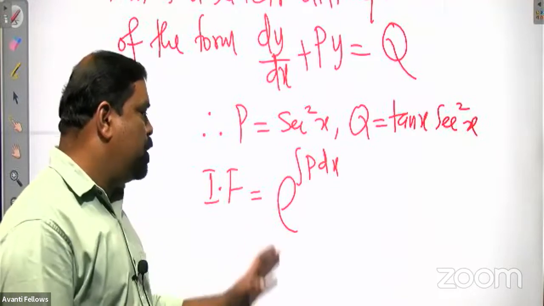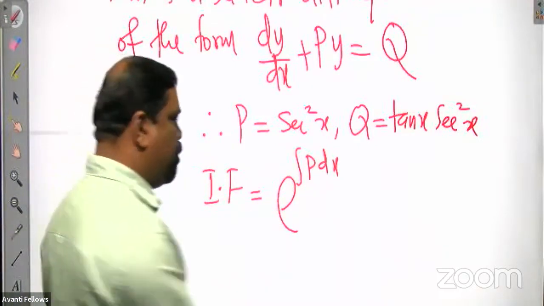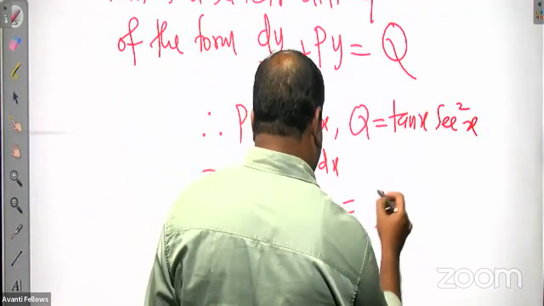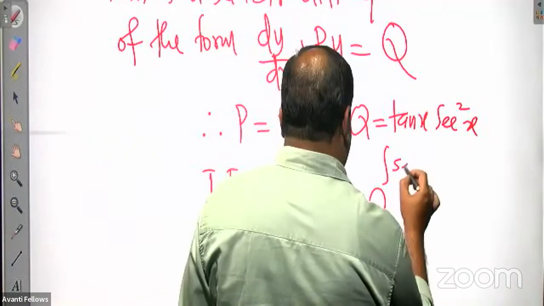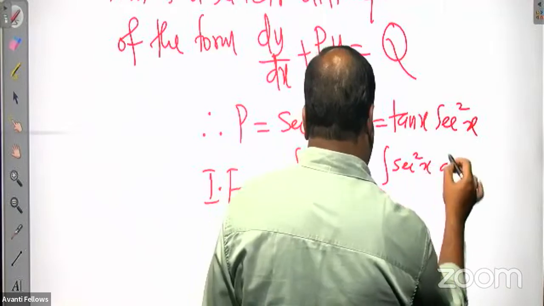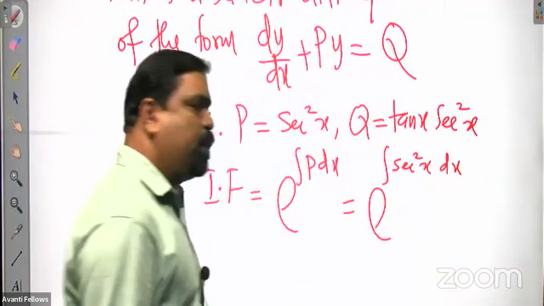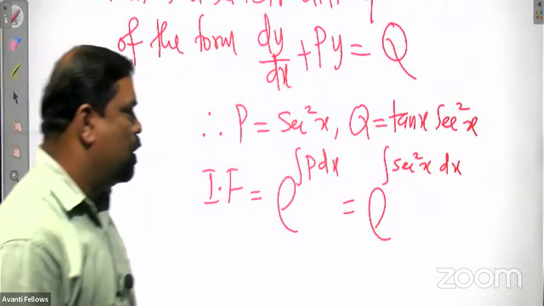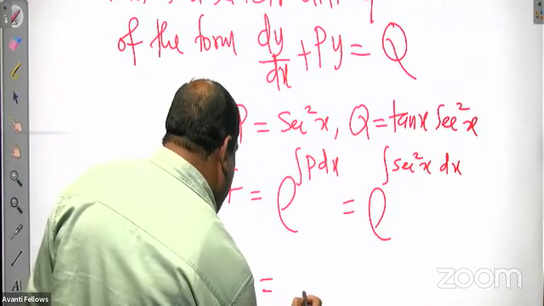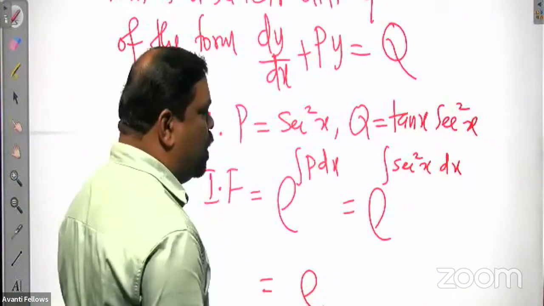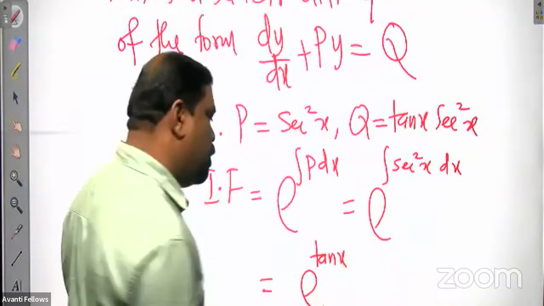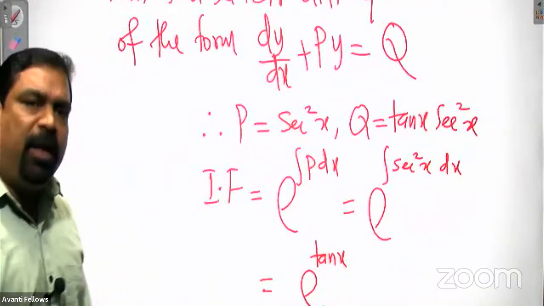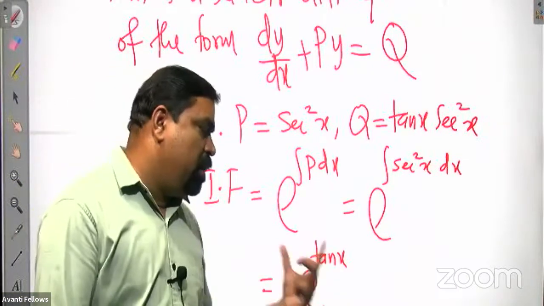Now what is that? E raised to integral of sec square x dx, since p is sec square x. And that is equal to e raised to tan x, because the integral of sec square x is tan x. So this is our integrating factor.